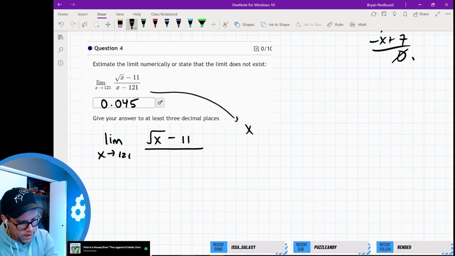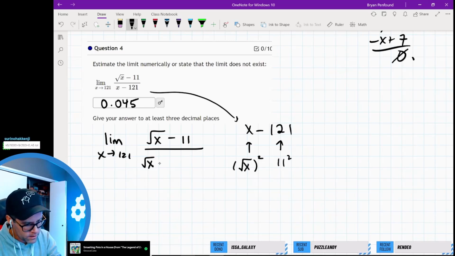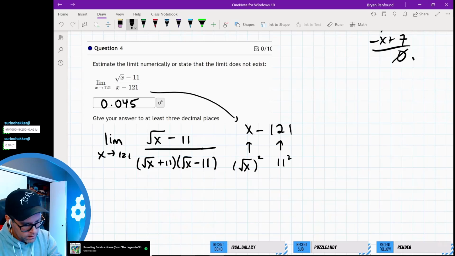So we're going to look at x take away 121. And I recognize this as 11 squared. Now this one's a little bit trickier to recognize, but this one is root x squared. So using our difference of squares formula, it's going to be root x plus 11 and root x take away 11 in the denominator.